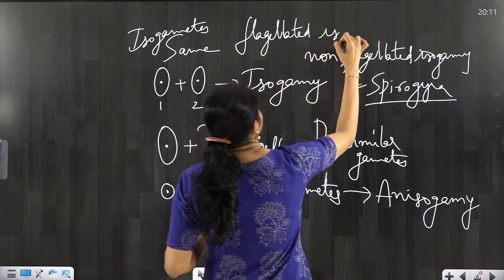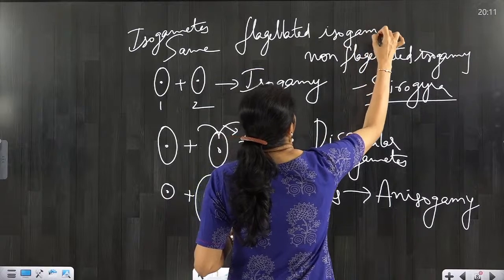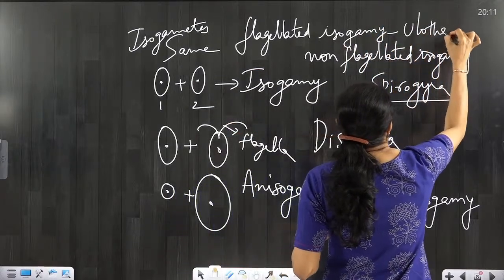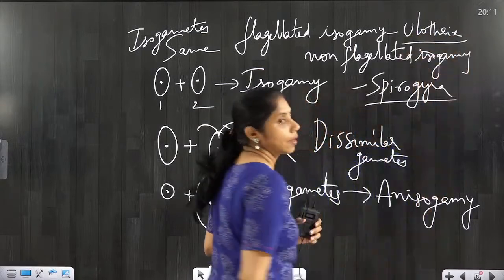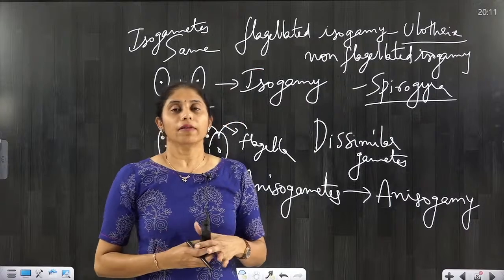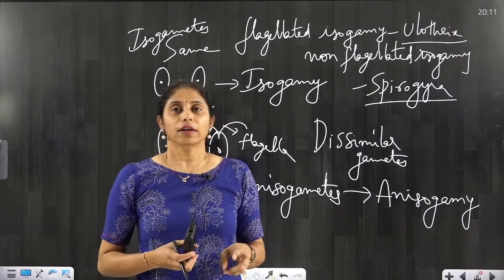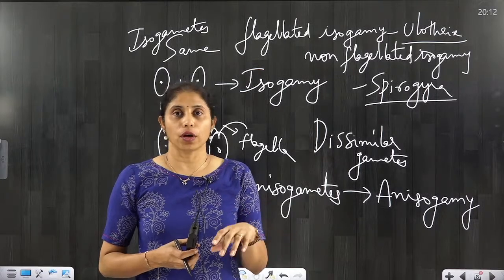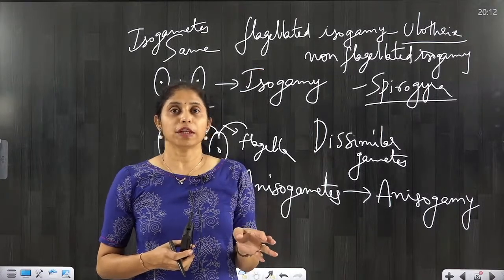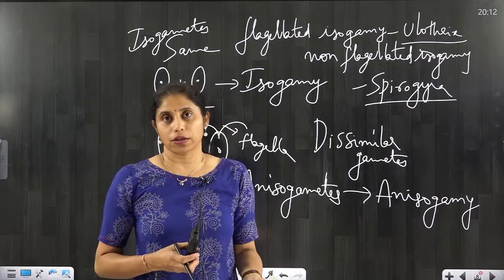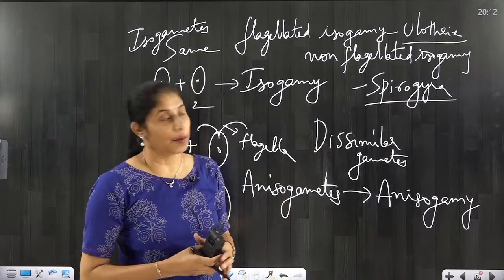So we have two kinds of isogamy, flagellated and non-flagellated. The non-flagellated example is Spirogyra and the flagellated example is Ulothrix. Both belong to isogamy.